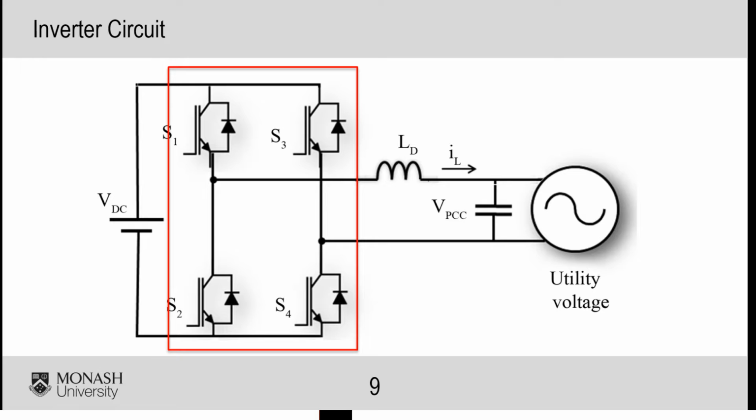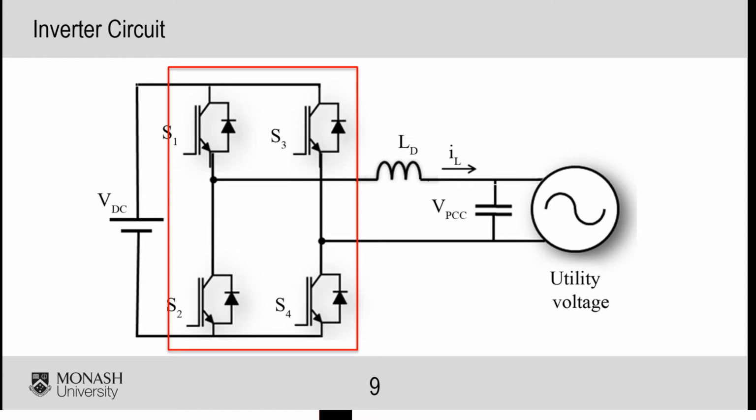The second part of an inverter circuit is the switching circuit. Inverters typically use high frequency switching transistors such as MOSFETs or IGBTs to get the positive side of an AC signal.